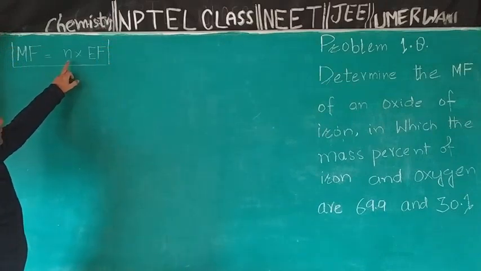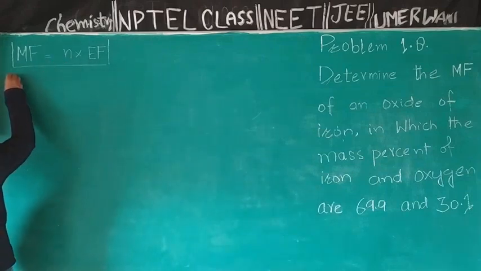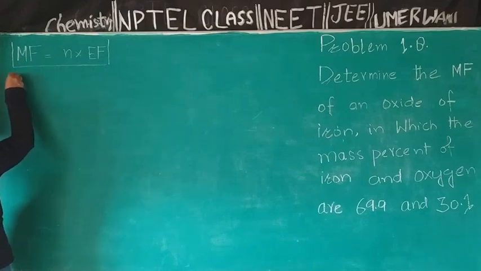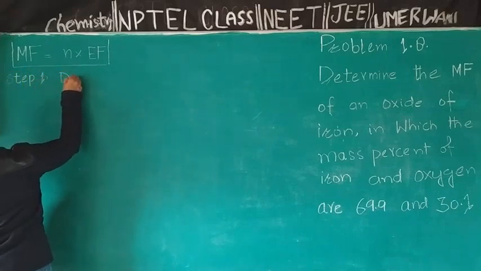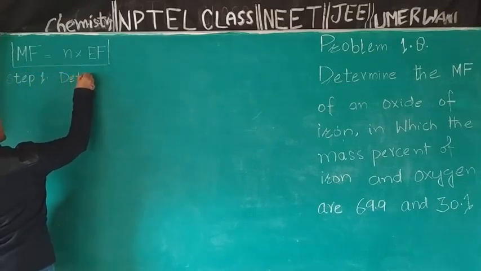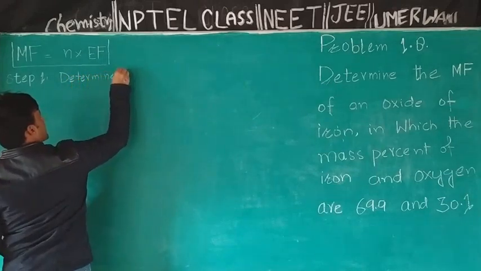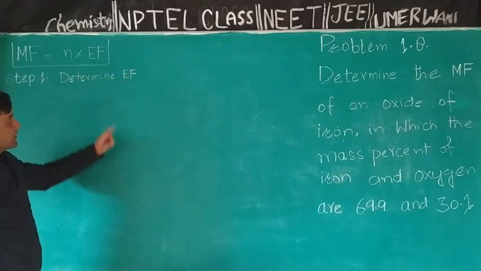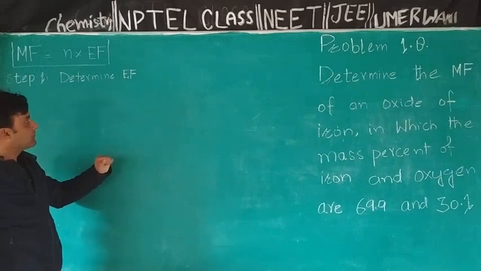I can now say that determination of the molecular formula involves two steps. In step 1, we have to determine the empirical formula. We have already done one numerical problem on it.